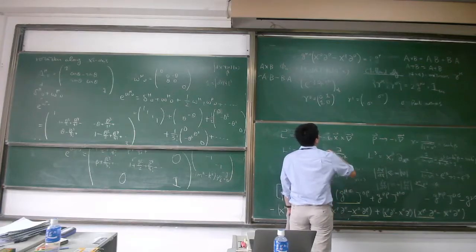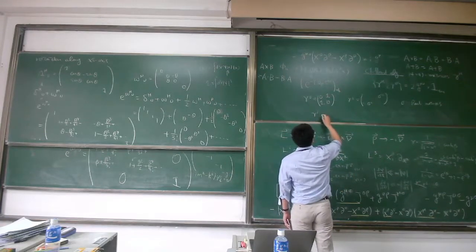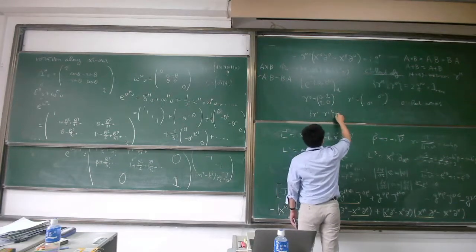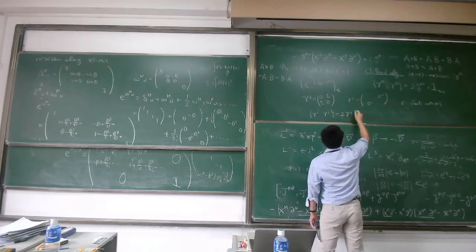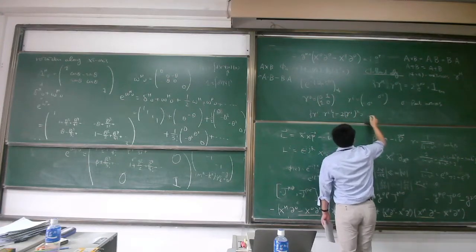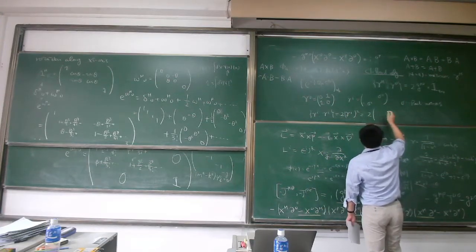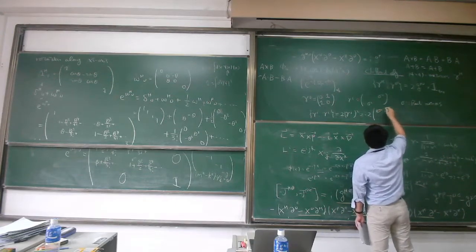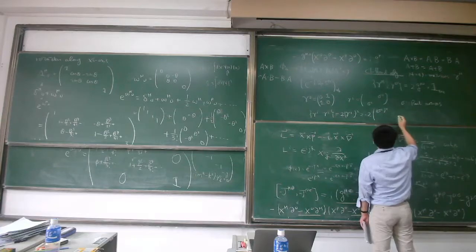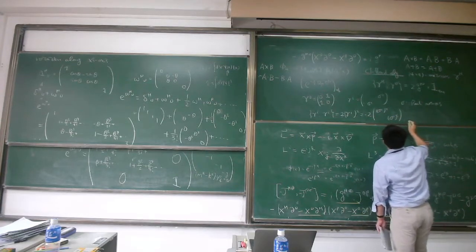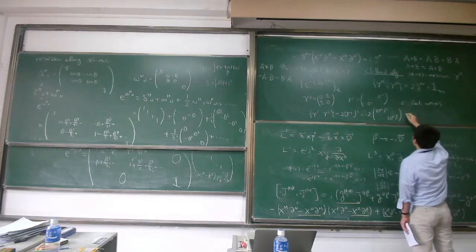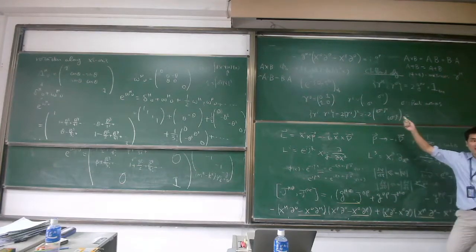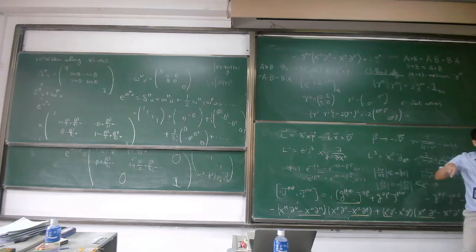Okay. Gamma i, the anti-commutator of gamma i with itself is just 2 gamma i squared, right? And this is 2 times minus sigma i, squared, sigma i squared. And this is equal to, we know sigma i squared is equal to identity, right? Is it okay?